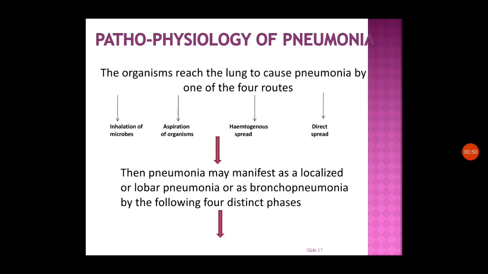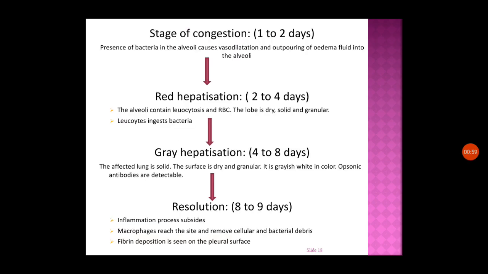Then pneumonia may manifest as a localized or lobar pneumonia or as a bronchopneumonia by the following four distinct phases. So, there are four distinct phases in pneumonia. They are stage of congestion, red hepatization, grey hepatization, and resolution.